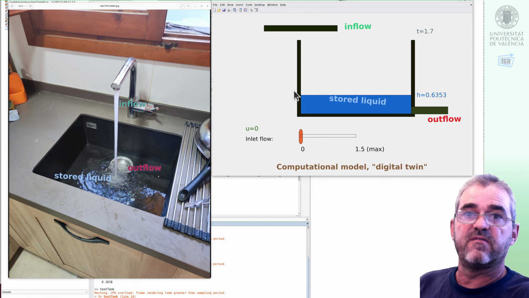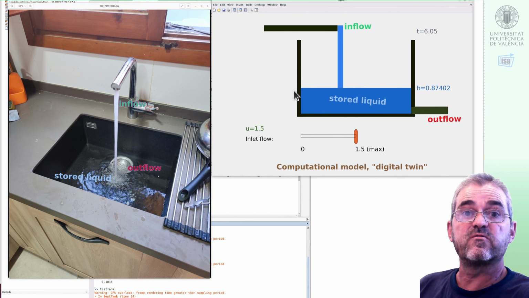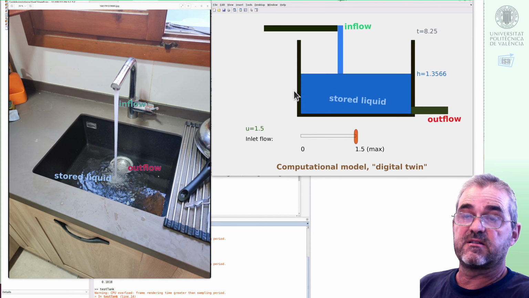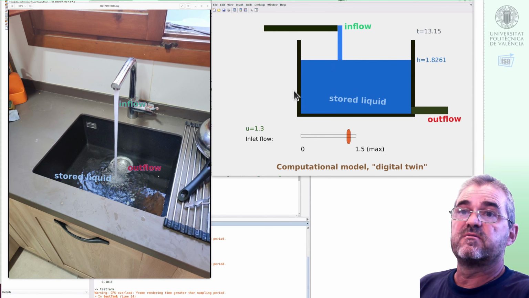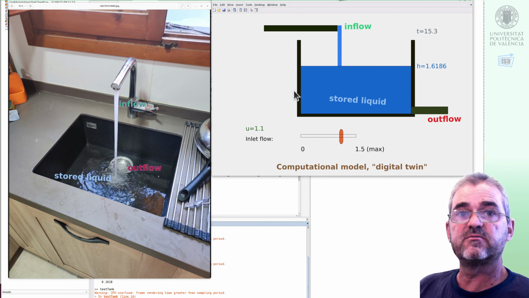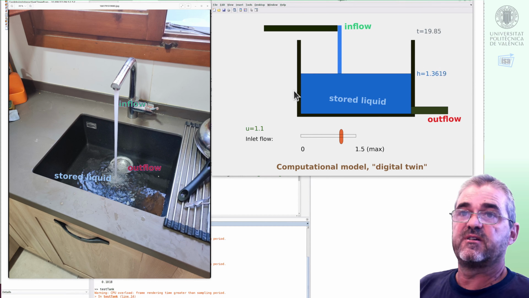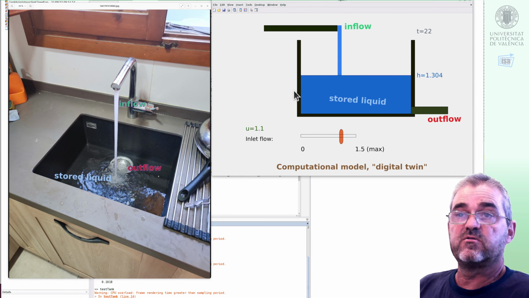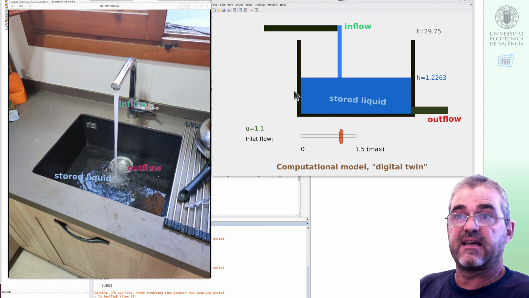Indeed, if I don't put any water in that canteen, it empties, and if I put a lot of water, it starts filling up. And if I put an intermediate amount of water, then it's emptying again until inflow and outflow do balance, and the tank stops getting empty.